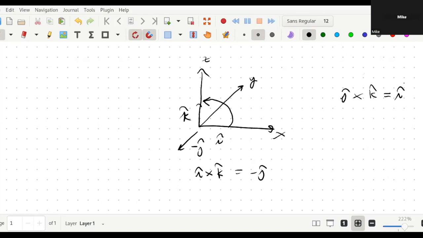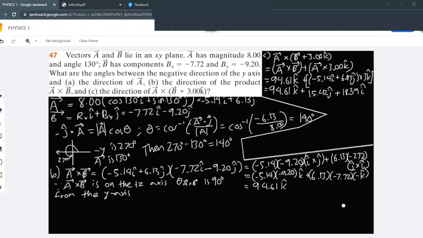I'll stop sharing again. Then show me again what you did. So negative 5.14, I cross K is minus J. So it became plus J cross K, which is equal to I. And then the direction.